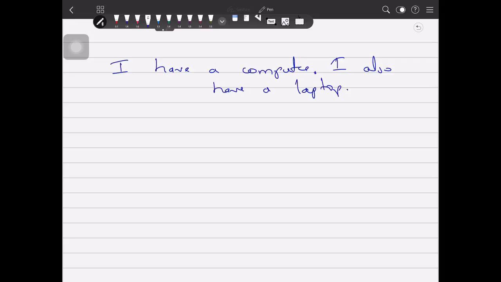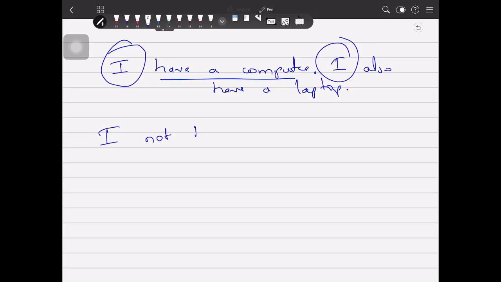I could have also said I have a computer and I also have a laptop, so that full stop works as 'and'. Now look at this properly. We have a single object, I, and the qualities given are that I'm having a computer and I'm also having a laptop. So 'I' is common, I'll just write it once.